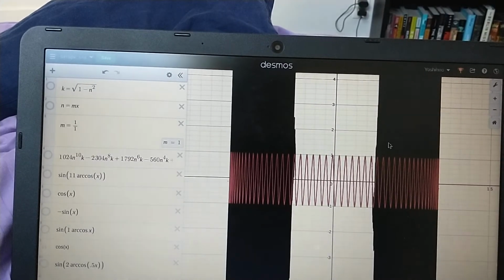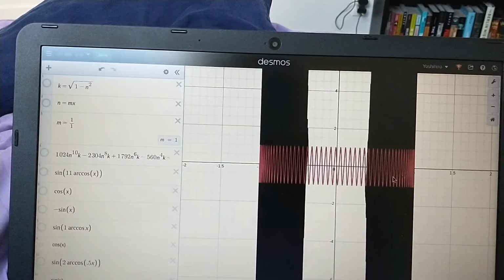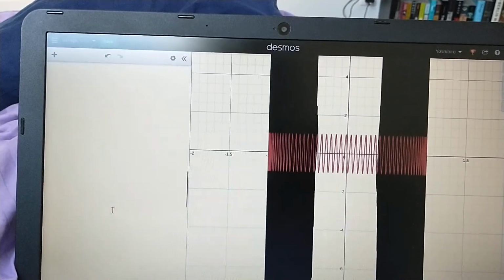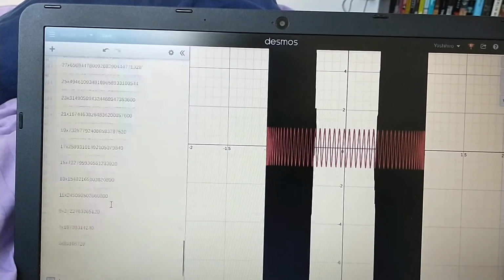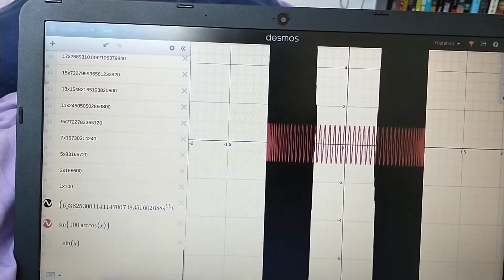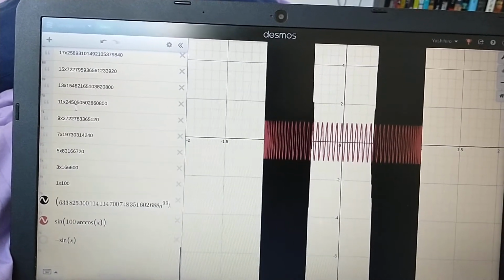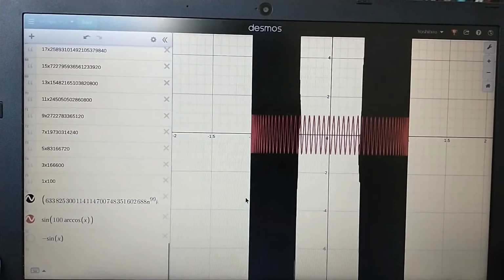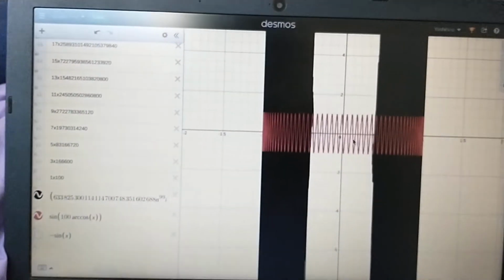I'm assuming this has to do with Desmos not being able to graph it at these extreme huge numbers, because this goes to like decillions, these biggest terms. So I'm assuming it's just that Desmos can't handle it or something.